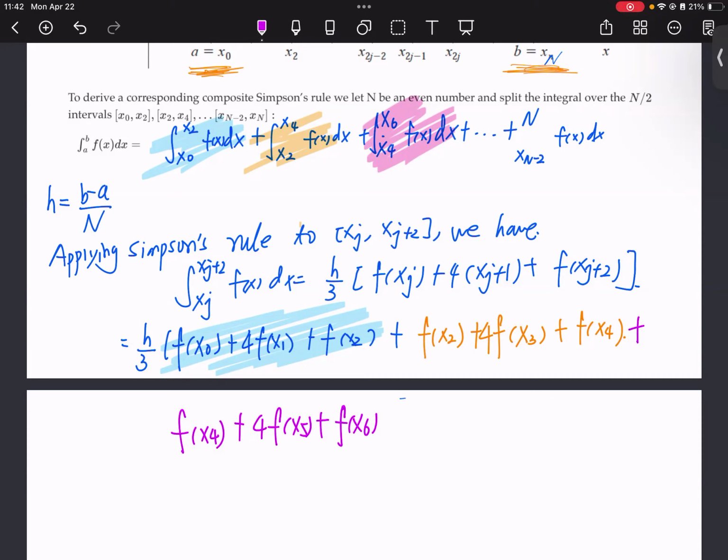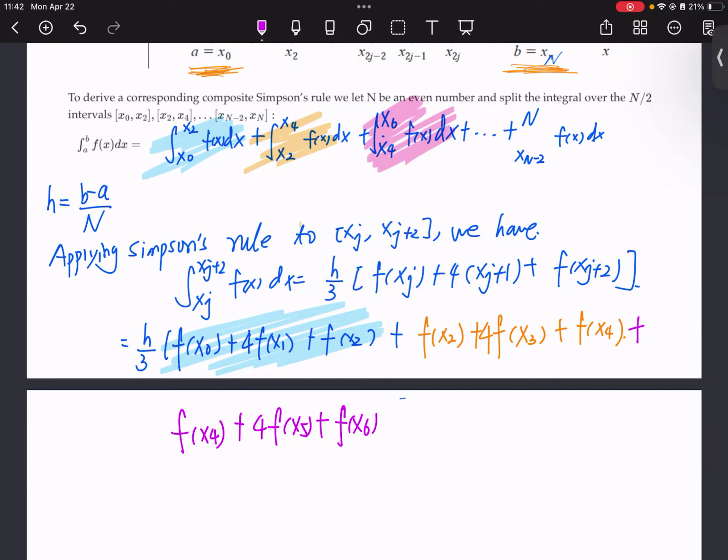And then what is the coefficient for the even index term? 2, because this one is repeated, and then this one is repeated, right? And so now, what's the coefficient for the endpoints of the entire interval? Just 1, right? Because at x0.